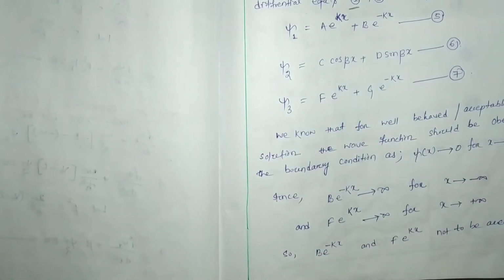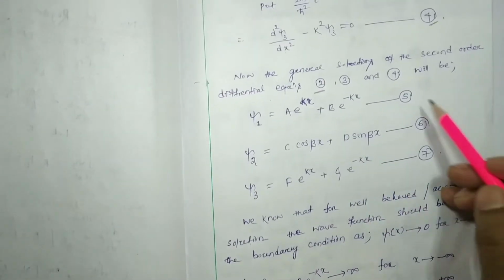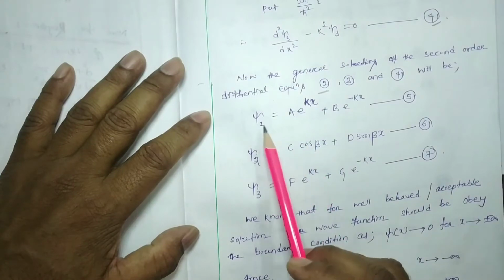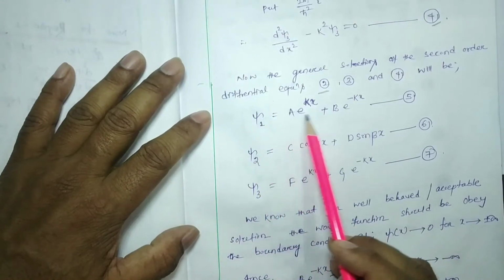From the above solutions, represented by equations 5, 6 and 7, it can be perceived that psi 1 is not oscillatory.